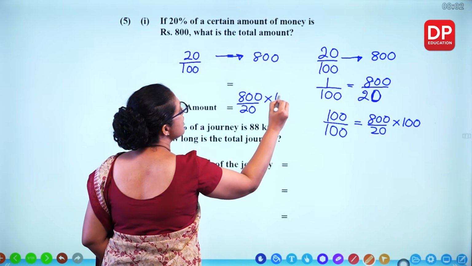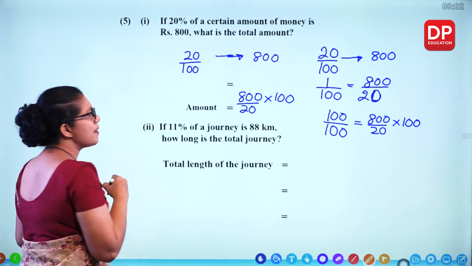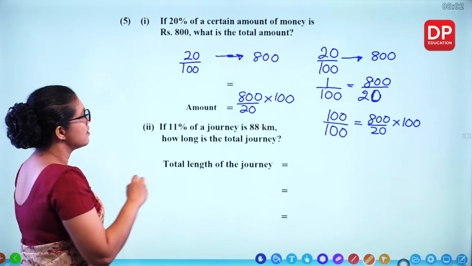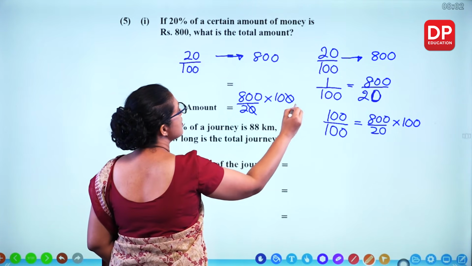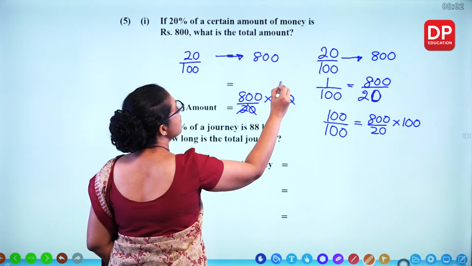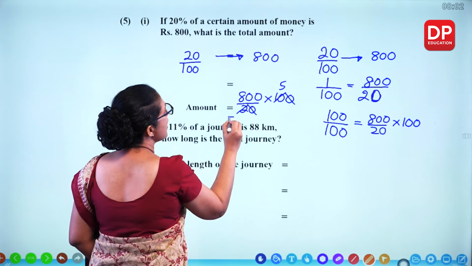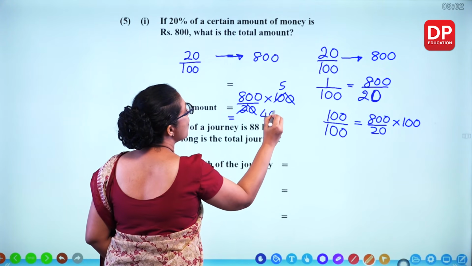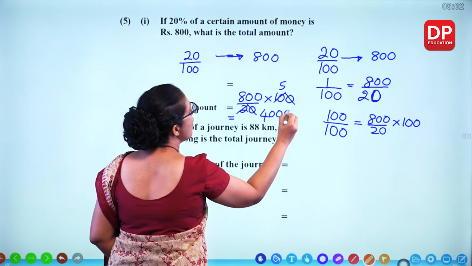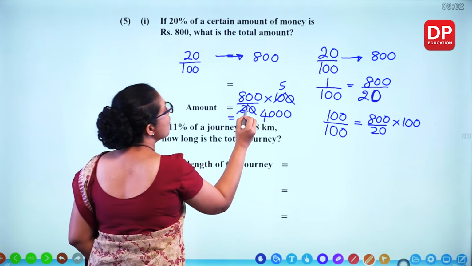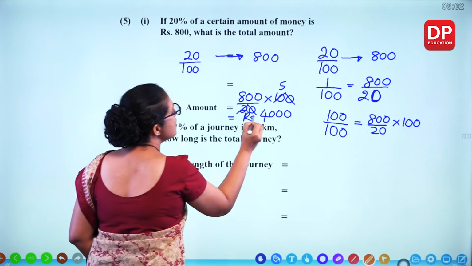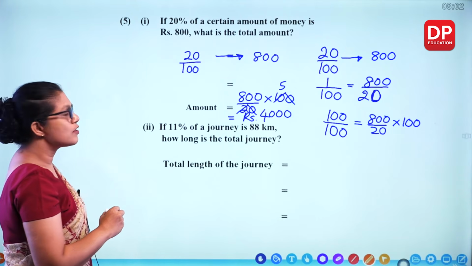And to get the total, I'm multiplying by 100. 5 times 8, 40. So you get 4,000 rupees. That's the total amount.